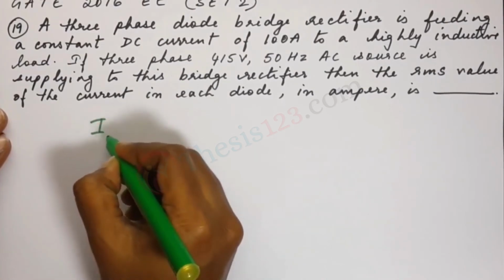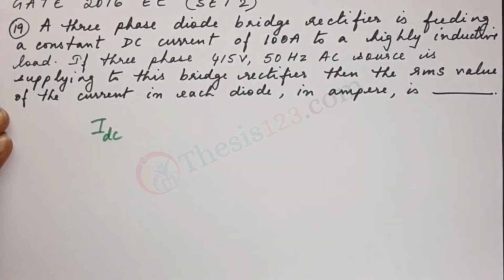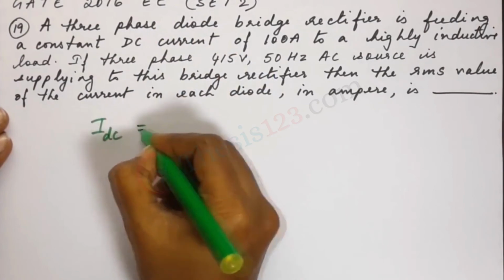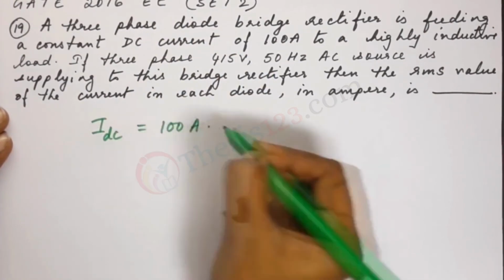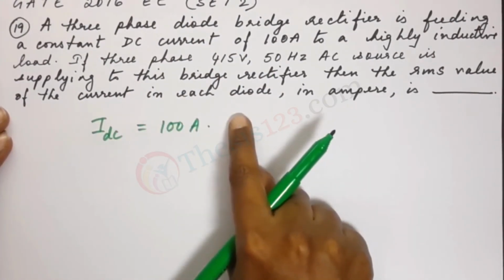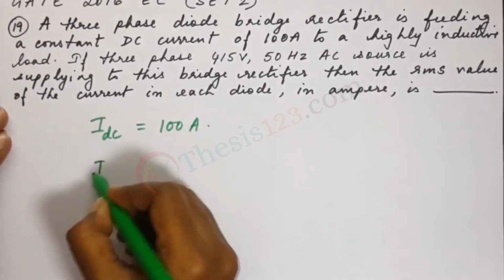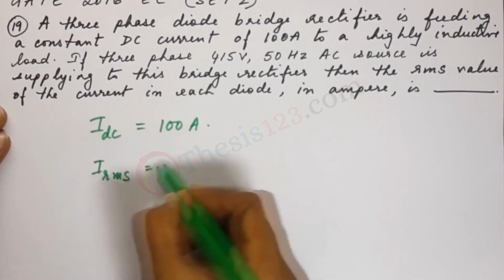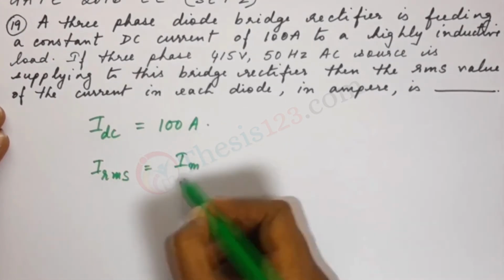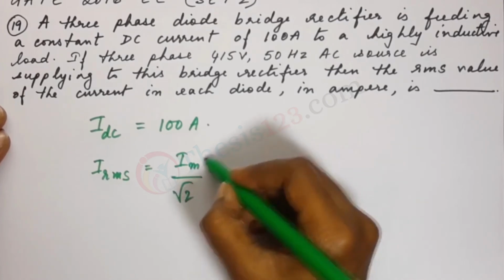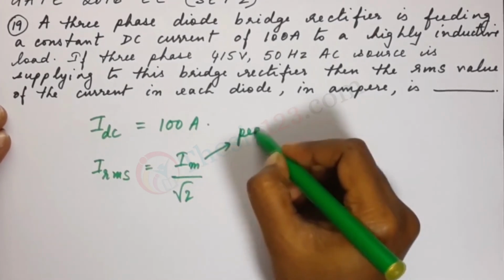we have IDC, the DC current, as 100 amps. Now if we had to find out the RMS value, I RMS is equal to Im by root 2, where this is the peak value.